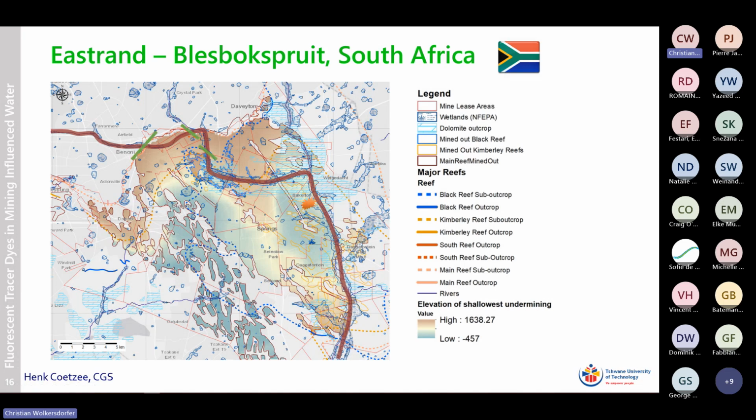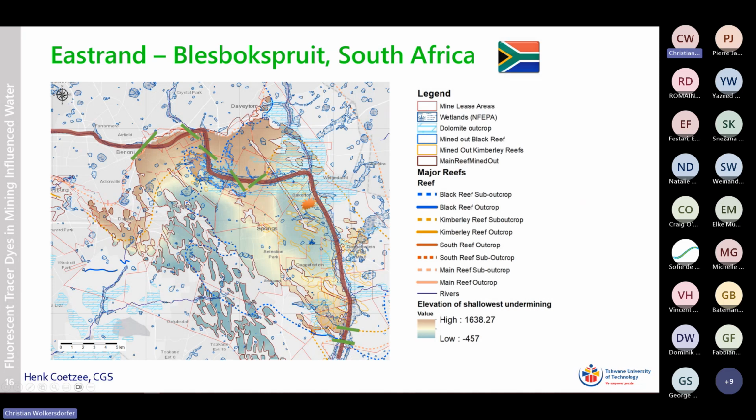So I have a couple of lines here. These lines indicate where the Blesbokspruit is crossing the outcrops of the gold reefs. That's also where illegal miners are working and are working into the underground. And we want to understand where exactly does the water flow into the underground and how long does it take until it reaches the mine water treatment plant.